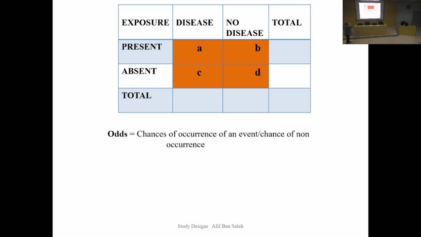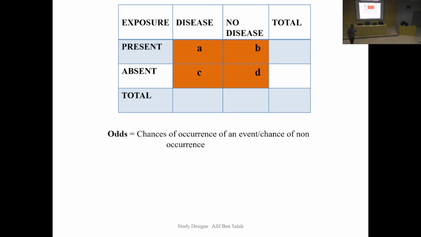For example, what is the odds of exposure among those who have the disease? Tell me. What's the odds of exposure among the disease group? No, the odds is a fraction.